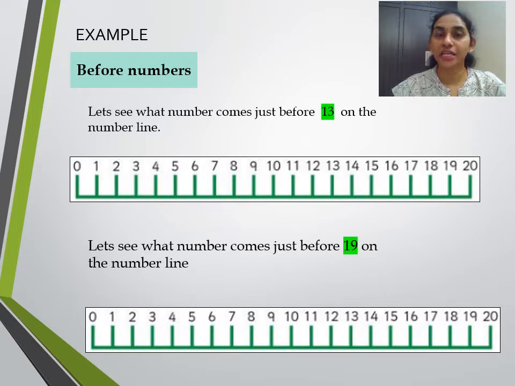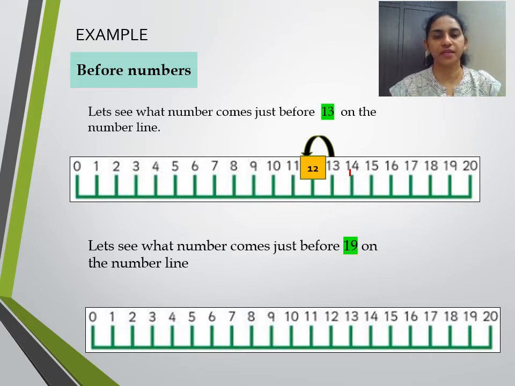Remember children, it goes in a decreasing order, means one number smaller than the given number. 13 is the given number. What is 1 smaller than that? 12. Yes, the answer is 12. Just before 13 is 12.